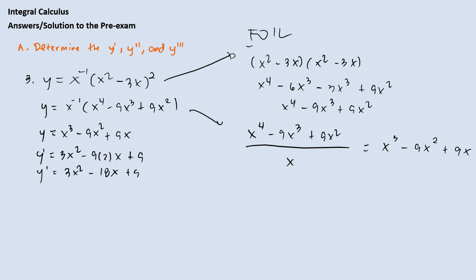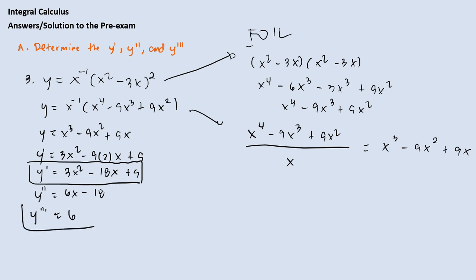Then y double prime is 6x minus 18. And then the triple prime, we have 6. This is the answer.